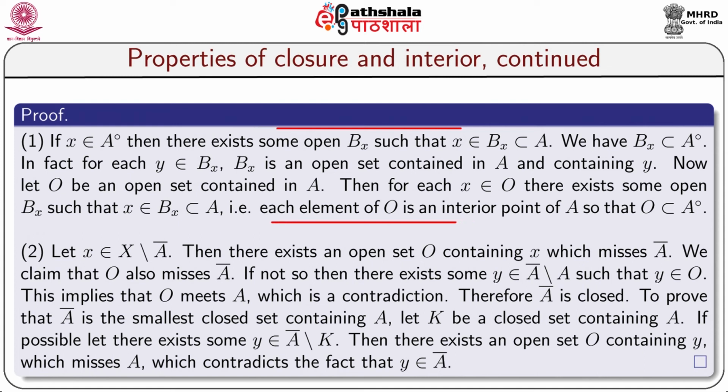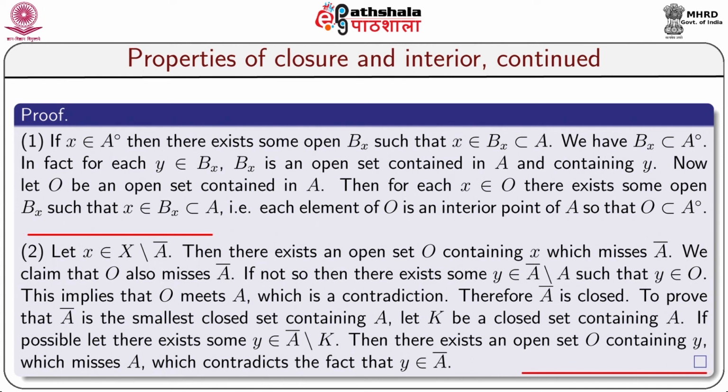Now let O be an open set contained in A. Then for each x belonging to O, there exists some open set B such that x belongs to B contained in A. This follows from the definition. That is, each element of O is an interior point of A, so that O is a subset of A interior. The proof of the second.